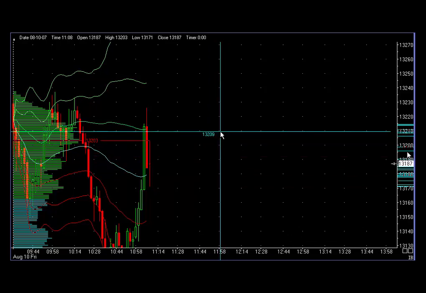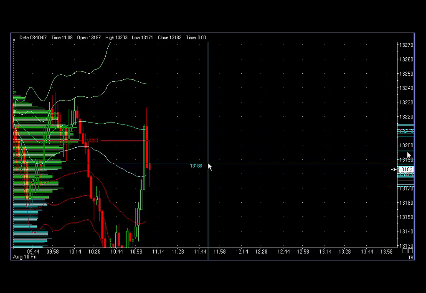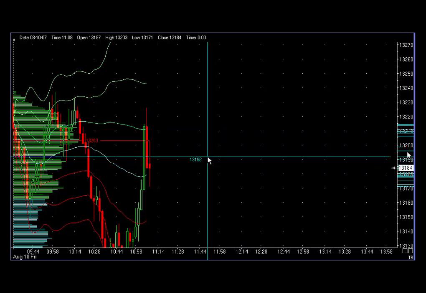See whether or not price heads back up to the first standard deviation. And it's going back down. Not much you can say about this other than just watch it and wait.